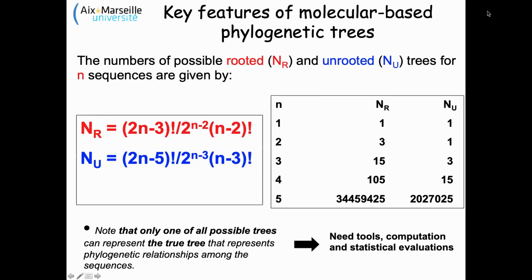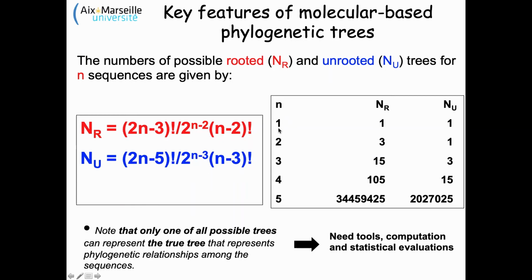So how many possible trees can you get from rooted or unrooted trees? For n sequences, the formula to get the number of trees is that one. Don't worry, you don't have to learn that. In red it's for the rooted tree, and in blue it's for the unrooted tree.